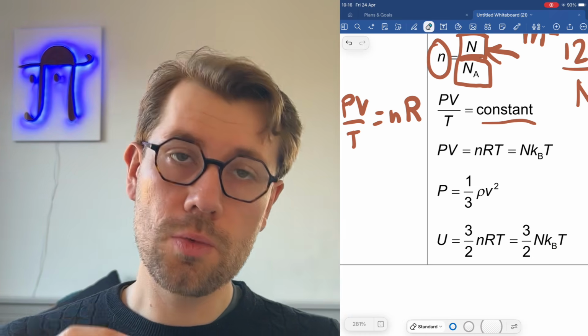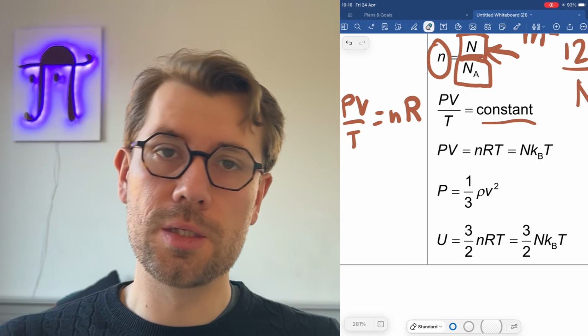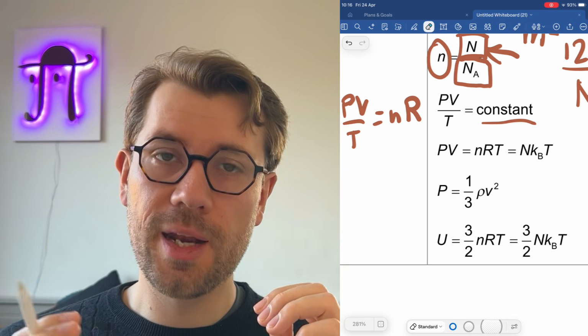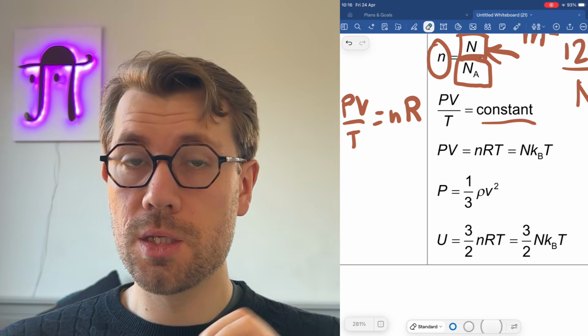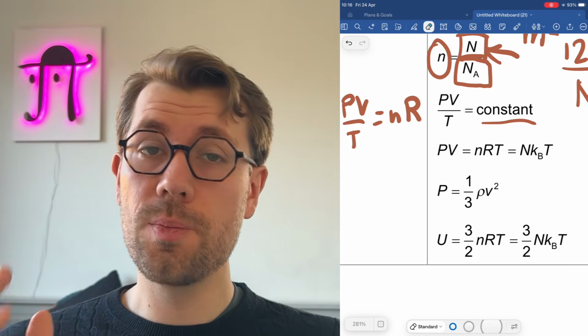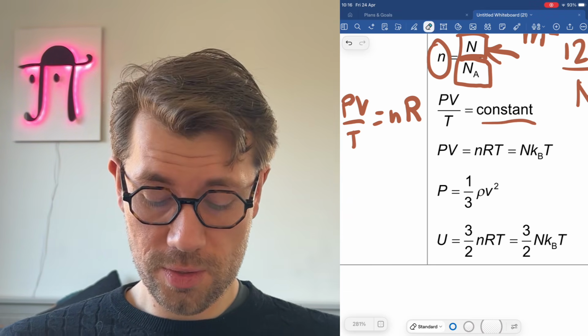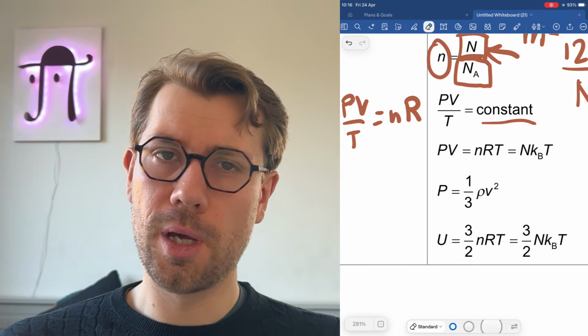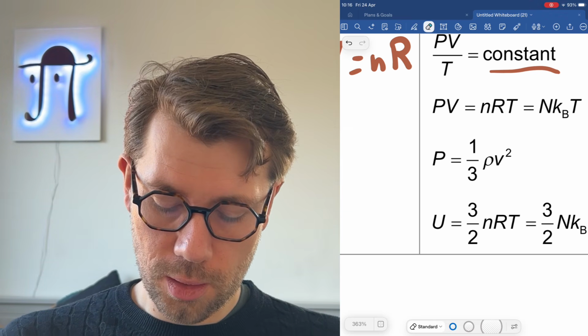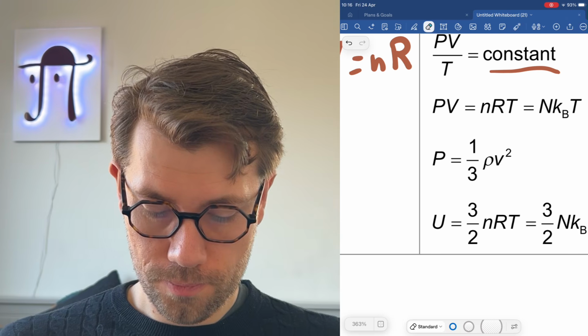So we're on to U now, and U is the internal energy. Now I've mentioned that before. I said the internal energy was the sum of the kinetic energy and the potential energy of the particles. But here we're dealing with an ideal gas, which means there's no potential energy. So we could just think of it as the kinetic energy of the particles. And that kind of makes sense because it's only really dependent on the temperature.